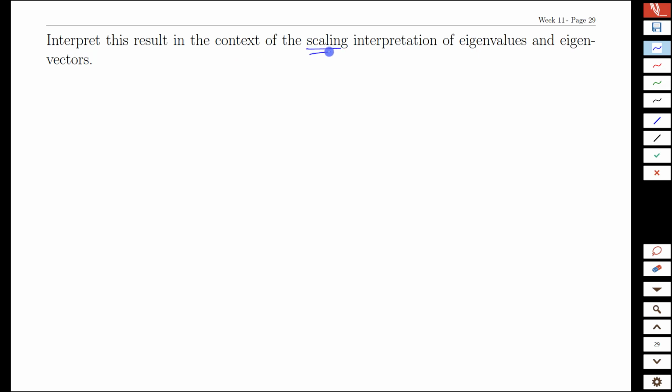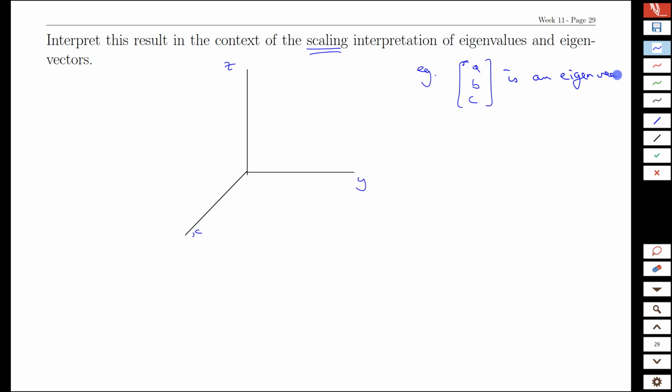Now, if we think about the scaling interpretation of eigenvalues and eigenvectors, let's just do this in 3D, just to give us some context here. Say, for example, we found that the vector, I'm just going to call it ABC, is an eigenvector for A with, say, lambda equals 2.